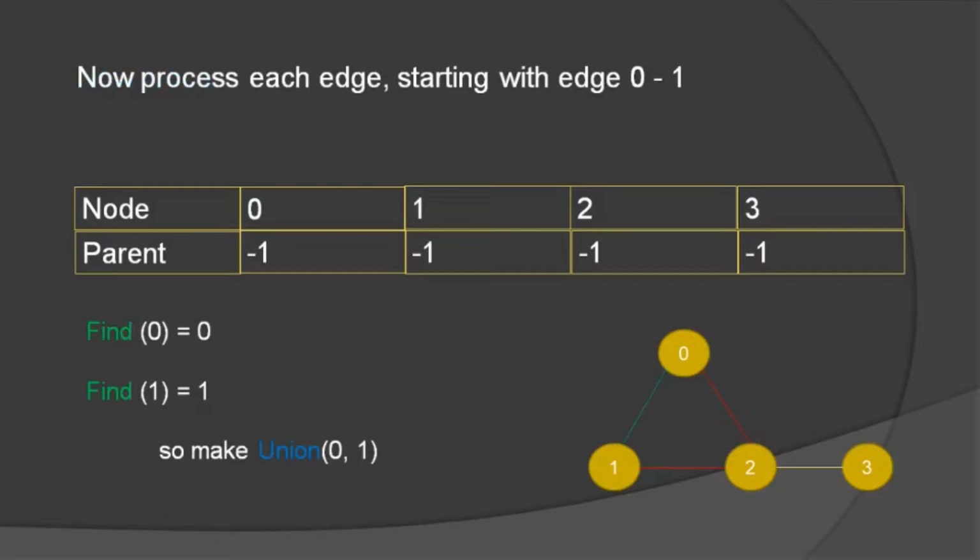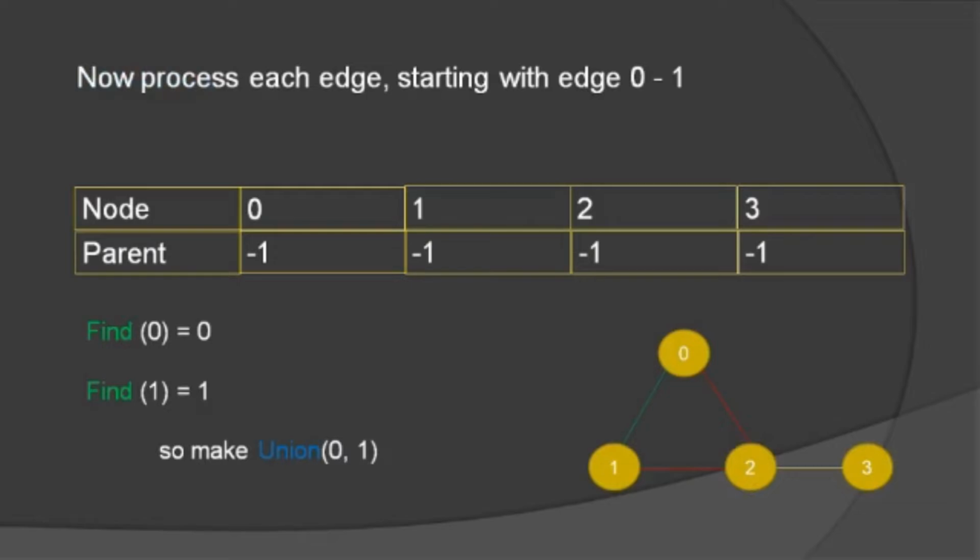So let's start with a given pair of edges. We'll pick the 0 and 1 pair. We're going to go through all the pairs, but we will go with this one at the moment. So we'll run our find operation on these two nodes, 0 and 1, to get the return values of the nodes 0 and 1.